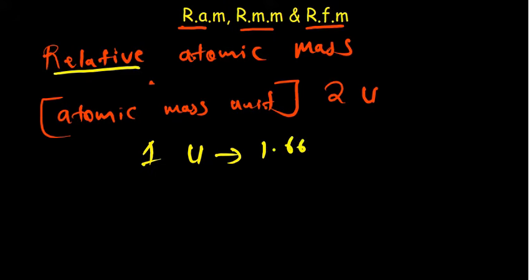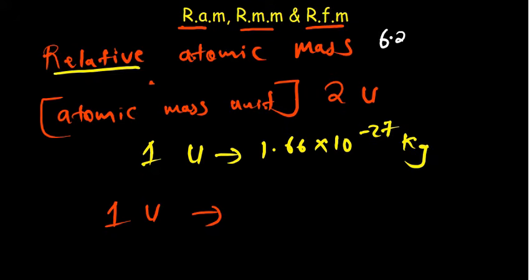1 atomic mass unit, for your information, is equivalent to 1.66 times 10 to the power negative 27 kilograms. It is difficult for some people to remember this value, but you can think of it in this way. I believe you've been working with Avogadro's constant, which is 6.022 times 10 to the power 23.